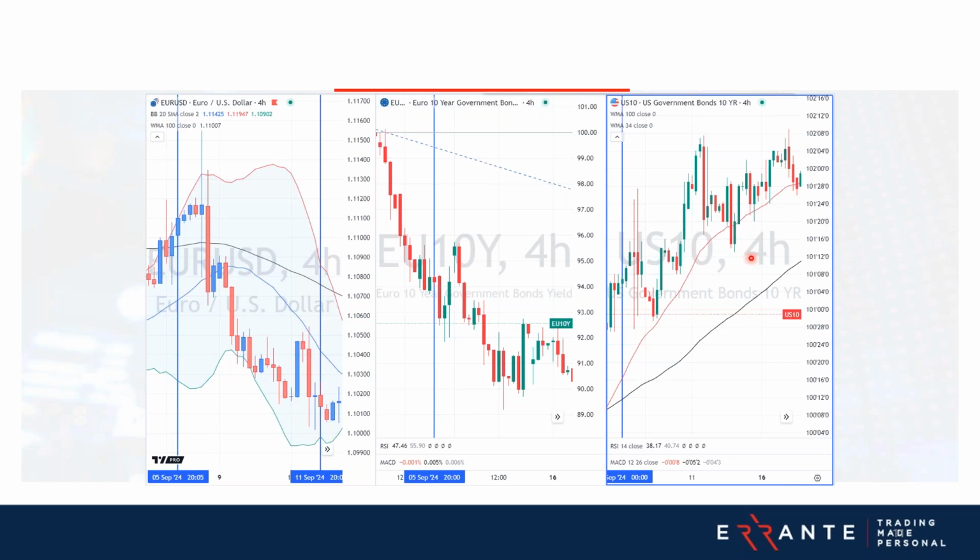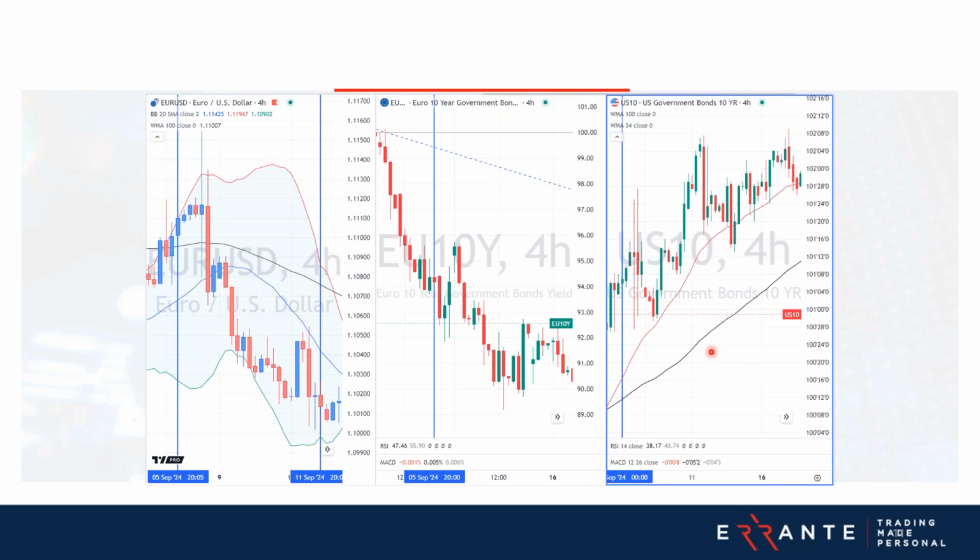So the US 10-year Treasury, or US 10, remains relatively stable, fluctuating between 101.6 and 102.3. And this stability means that the US offers comparatively more attractive yields, making the USD more attractive to investors.